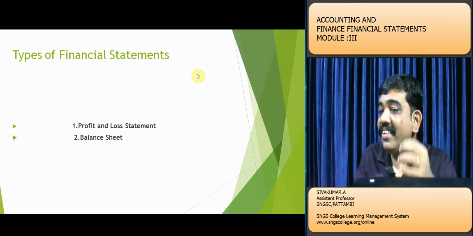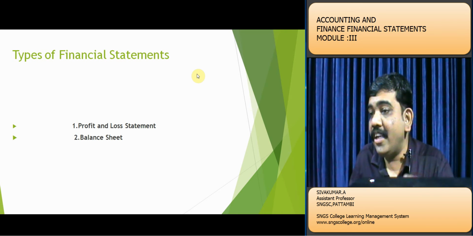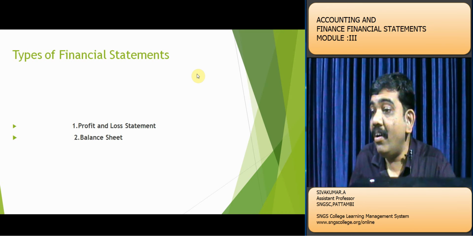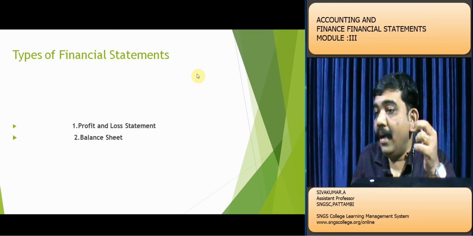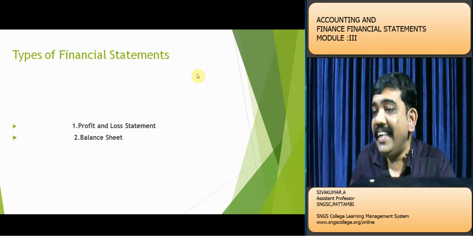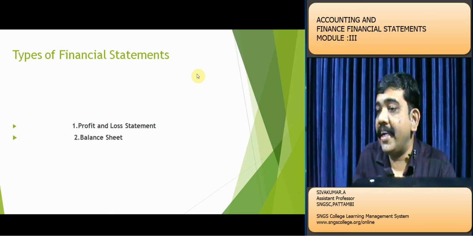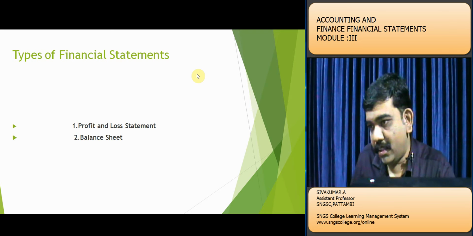So the system of accounting to be followed is mentioned in the relevant statute or act of each and every government board and government undertaking. So each and every government board, undertaking or company is to prepare their set of accounts including financial statements on the basis of their relevant statute and act.